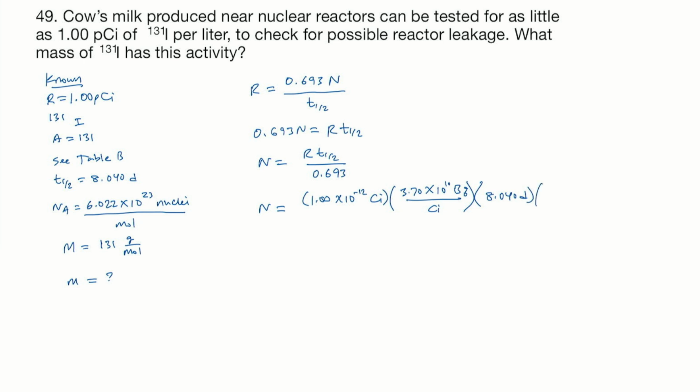And we'll get this down to seconds. So there are 24 hours in a day and 3,600 seconds in an hour. Then we need to divide all of that by 0.693. Okay, this gives the number of nuclei of 37,088. So that's how many nuclei we have.